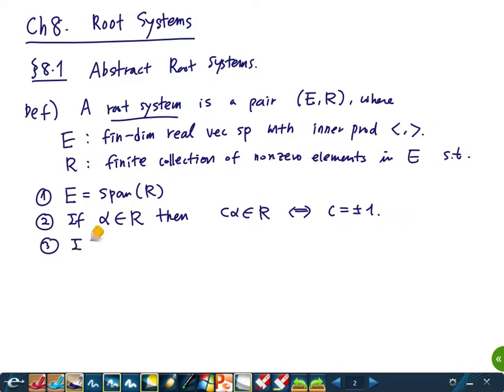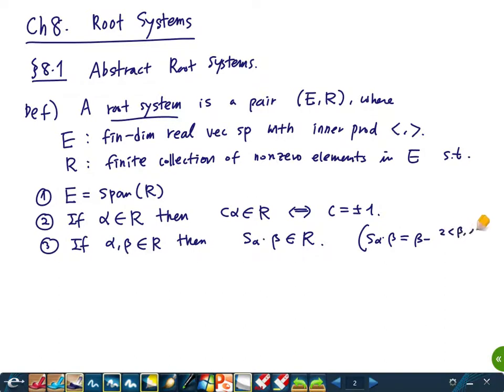Third, if we have two elements alpha and beta in R, then S_alpha(beta) is also an element in R. Here, of course, S_alpha is the reflection about the hyperplane orthogonal to alpha. In the explicit formula, it can be written in this way. So it's a reflection about a hyperplane.